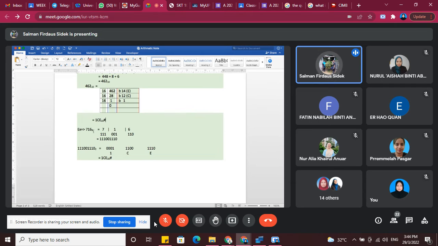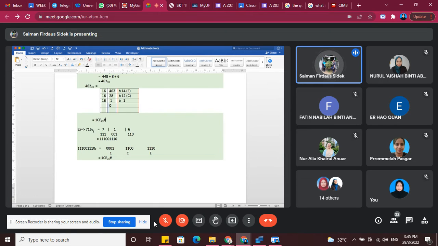Decimal because the number that we use in our routine daily life is in decimal. And how about octal and hexa? Tak payah fikir jauh-jauh, it's very simple things je. Why? Because very easy to convert to binary.